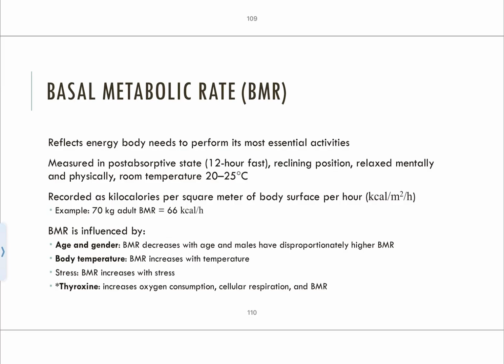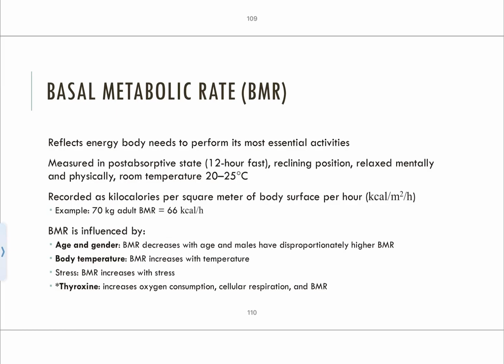So you can approximate your BMR by multiplying your weight in kilograms by 1 if you are a male, and you would multiply it by 0.9 typically if you're a female. So our BMR is influenced, obviously, by age and gender. We just saw the difference in a male versus a female. Our BMR would decrease with age, and males typically have a higher BMR than females.